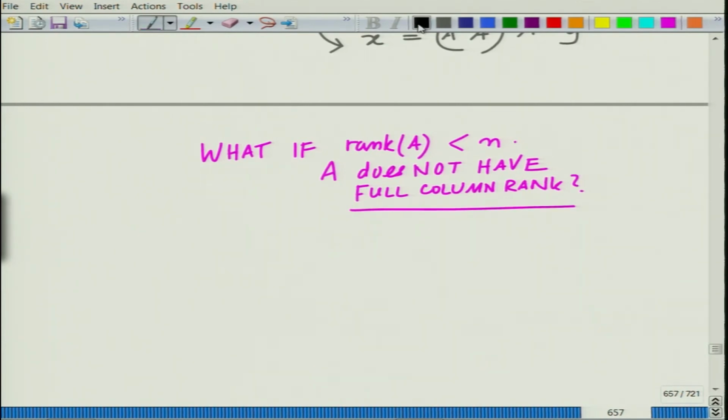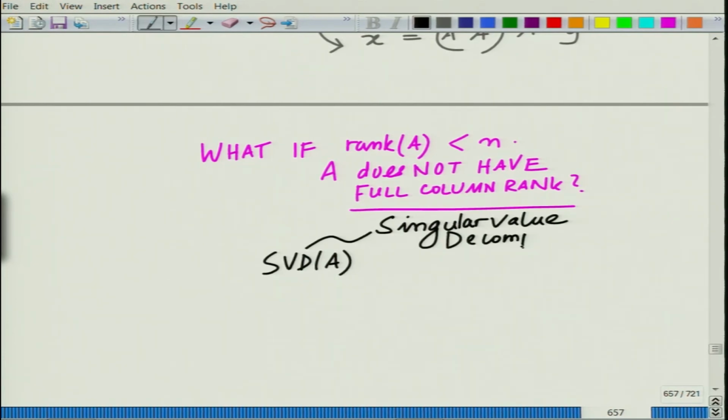Then we start with the SVD of A. Remember, SVD stands for the singular value decomposition. We start with the SVD of A.